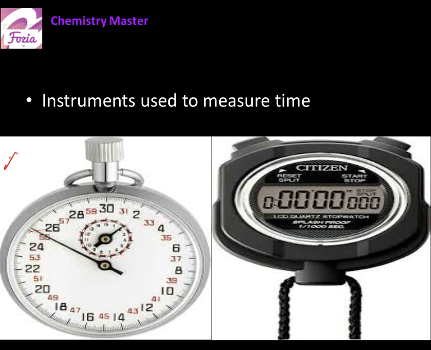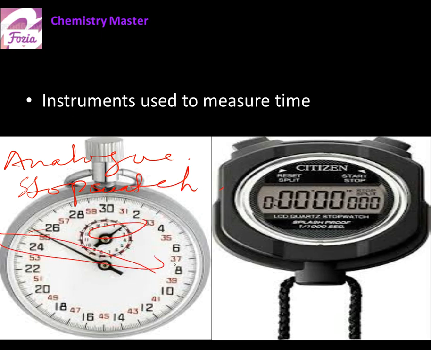So this one is the analog. An analog stopwatch measures the time using its two needles, the bigger one and the smaller one.